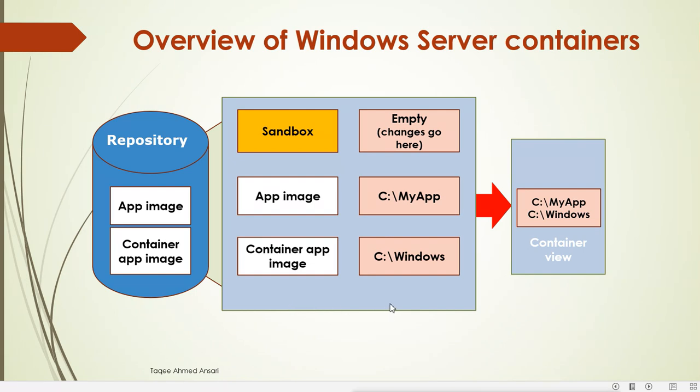A container is a virtualized operating system, and a virtual machine is virtualized hardware, where we install the operating system and then install the applications. So containers are lighter than virtual machines for isolating applications.